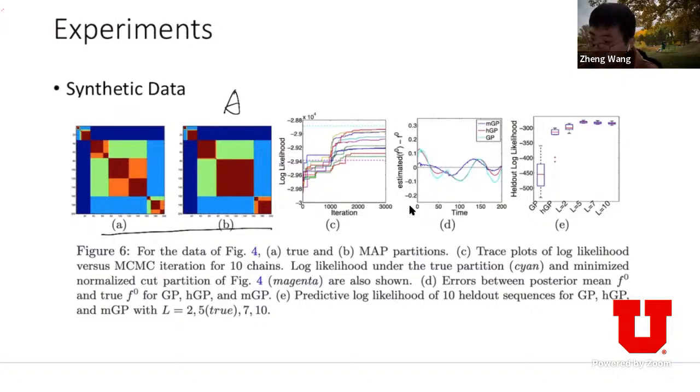And for figure E, they also tested how the number of layers or levels of their model can influence its performance. The held out means the testing performance over the five other testing trials.